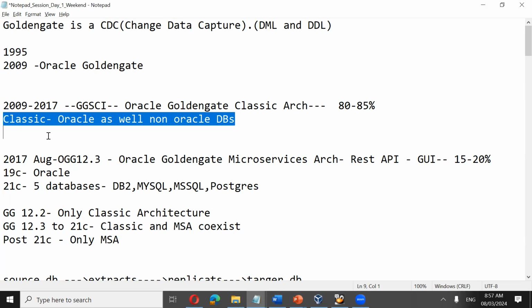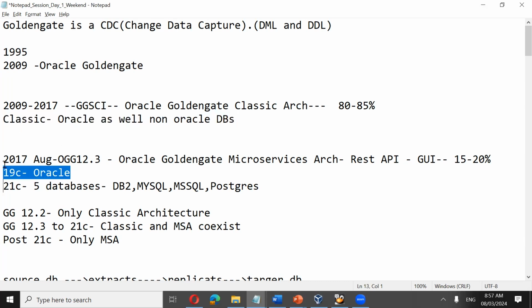However, Microservices Architecture, until Goldengate Microservices 19C, was available only for Oracle databases. That means you cannot use it for any non-Oracle database if you are using Oracle Goldengate Microservices 19C.